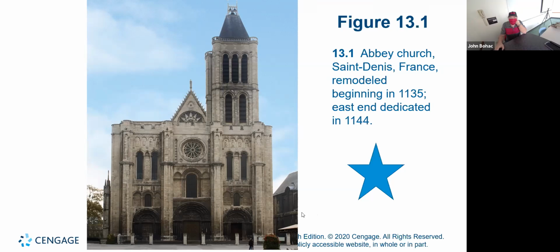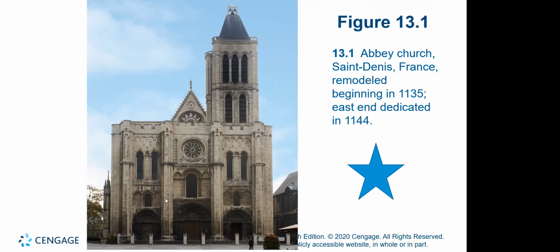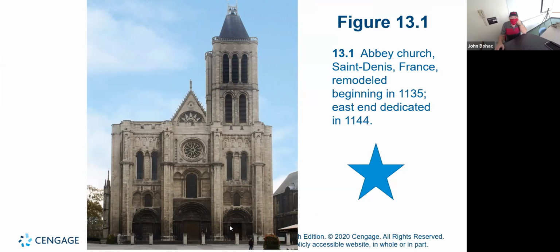And Saint Denis was the bishop of Paris when Paris was part of the Roman Empire. So Saint Denis goes way far back, and he was bishop of Paris when Christianity was not tolerated in the Roman Empire.